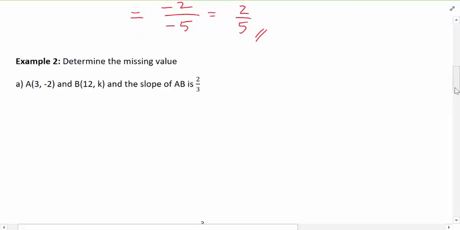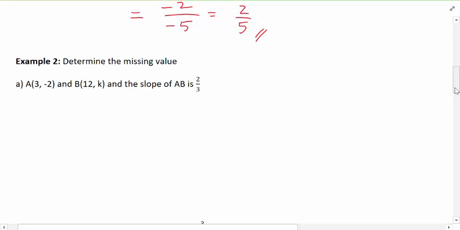Okay. Now let's take a look at example 2. And it says determine the missing value. So I have 2 points, A and B. But B doesn't have a full y value there. The y coordinate is missing. Okay. But I do tell you the slope between A and B. Now think about it.